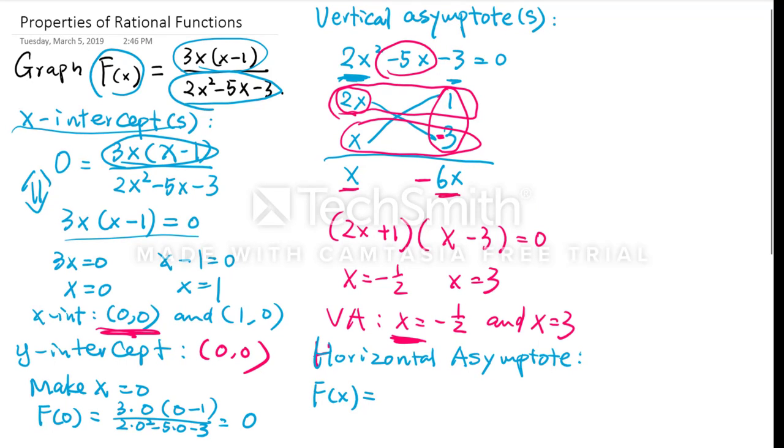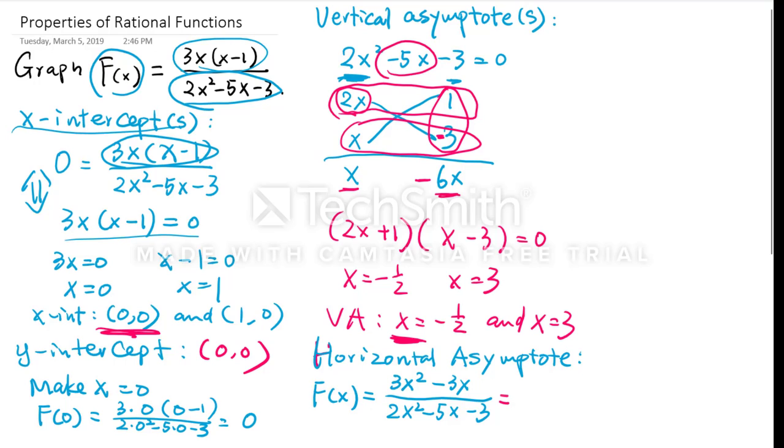I'm going to expand the top polynomial. That will be 3x squared minus 3x. That's the top polynomial. The polynomial at the bottom is 2x squared minus 5x minus 3.